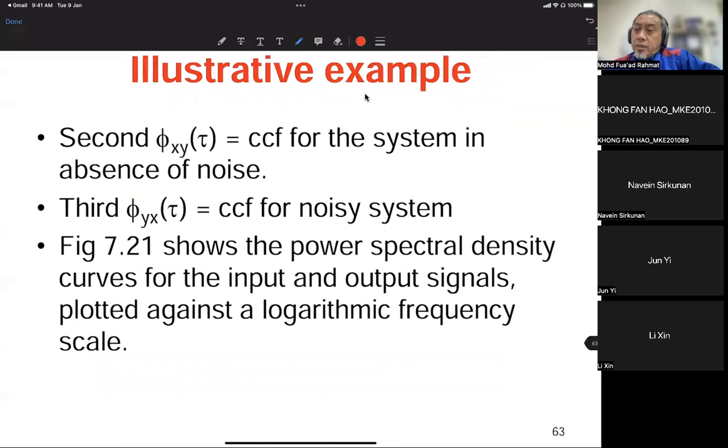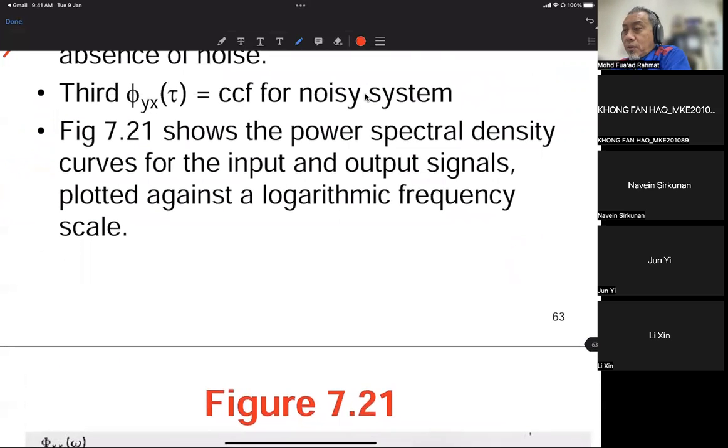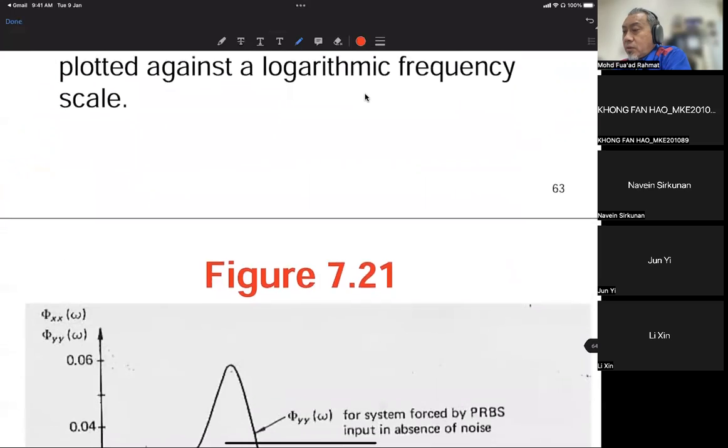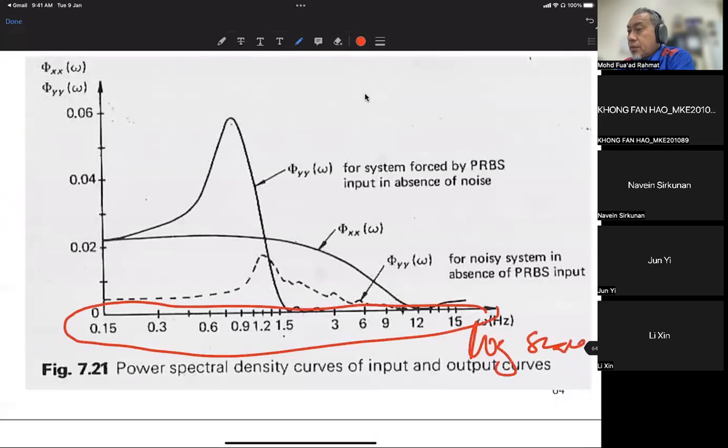So second, psi xy is the CCF for the system in the absence of noise. Third one is psi yx tau, which is the CCF for the noisy system. And figure 7.21 shows the power spectral density curves for the input and output signals plotted against a logarithmic frequency scale. So you can see here the response from the case study. This is a log scale of the power spectral density of the PRBS.